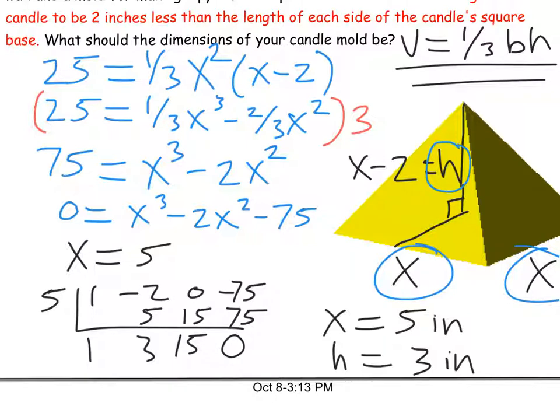Remember, we had 25 cubic inches of wax to work with. You can go plug them in, but from the work we did with the polynomial, it's going to work, right? We've got dimensions that fit the criteria that were described, and we know that it's going to use the exact amount of wax that we had, 25 cubic inches, no more and no less.